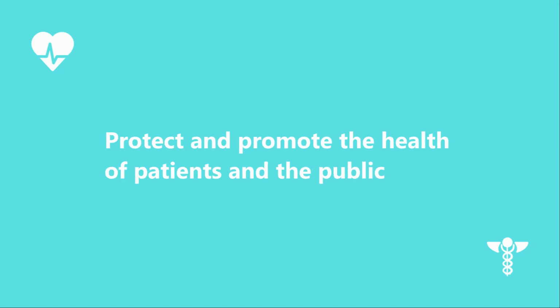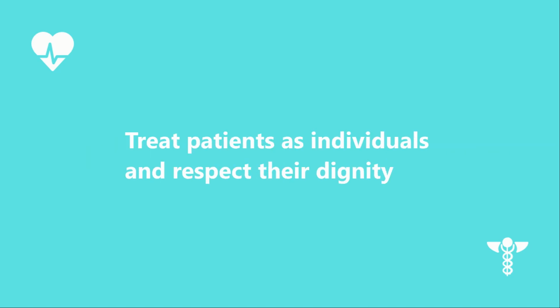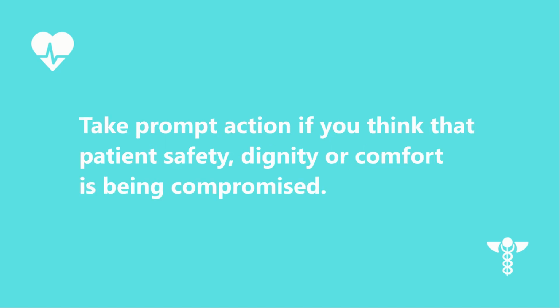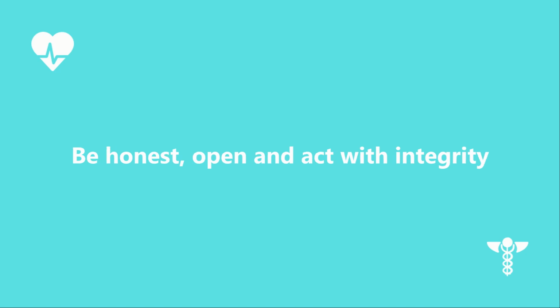Protect and promote the health of patients and the public. Provide a good standard of practice and care. Treat patients as individuals and respect their dignity. Take prompt action if you think that patient safety, dignity, or comfort is being compromised. Work in partnership with patients. Be honest, open, and act with integrity.